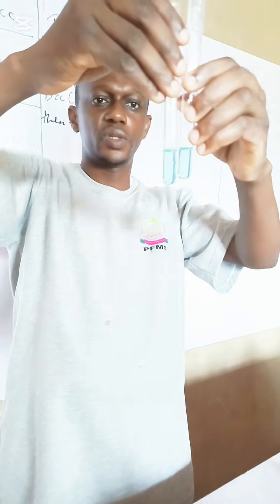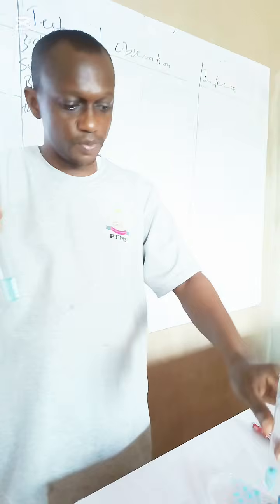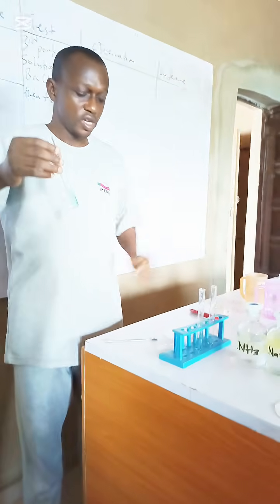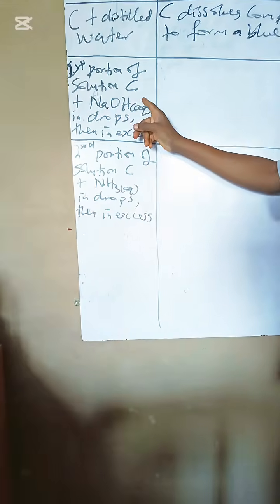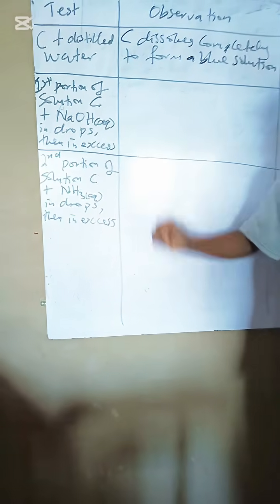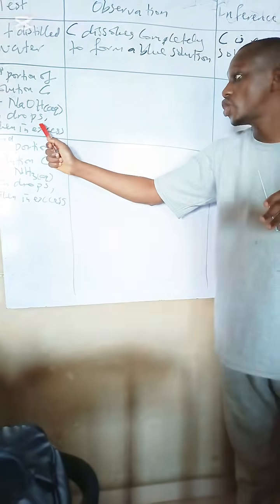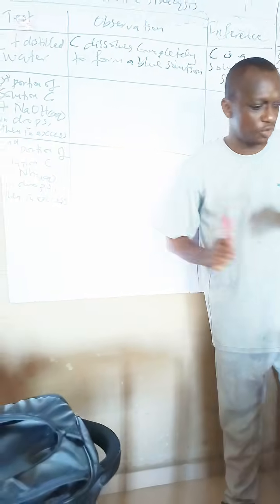Now it is in 3 portions, as you can see. So now, the first portion of solution C plus sodium hydroxide, NaOH aqueous, in drops, then in excess. So let's do that now.